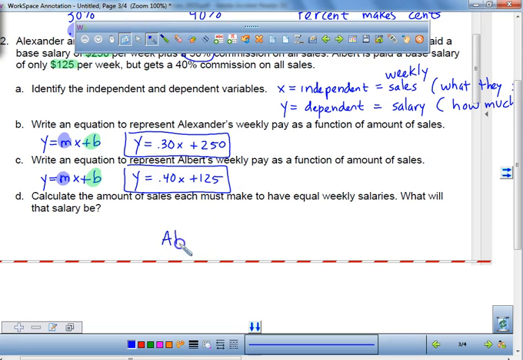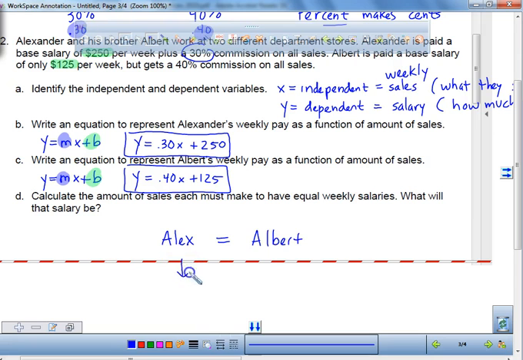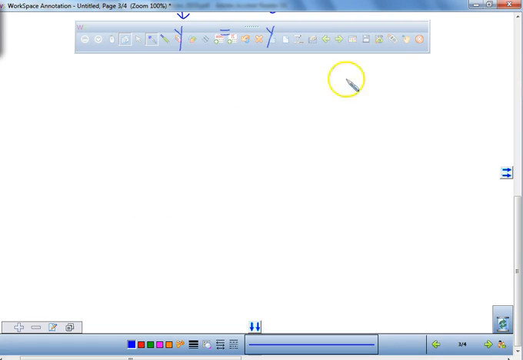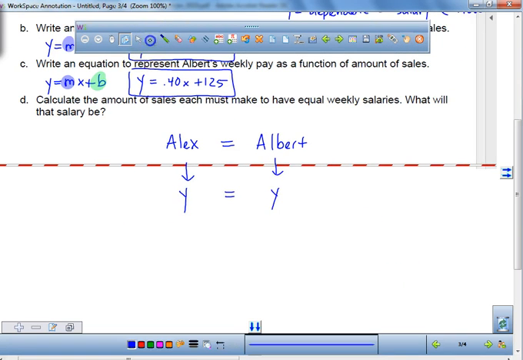We want Alex to be equal to his brother, Albert. What is the equation for Alex? Y equals this, right? So good. We want this y value to equal this y value. Now, if the y values are equal, then their equations also are going to be equal. So watch how we do this by hand.